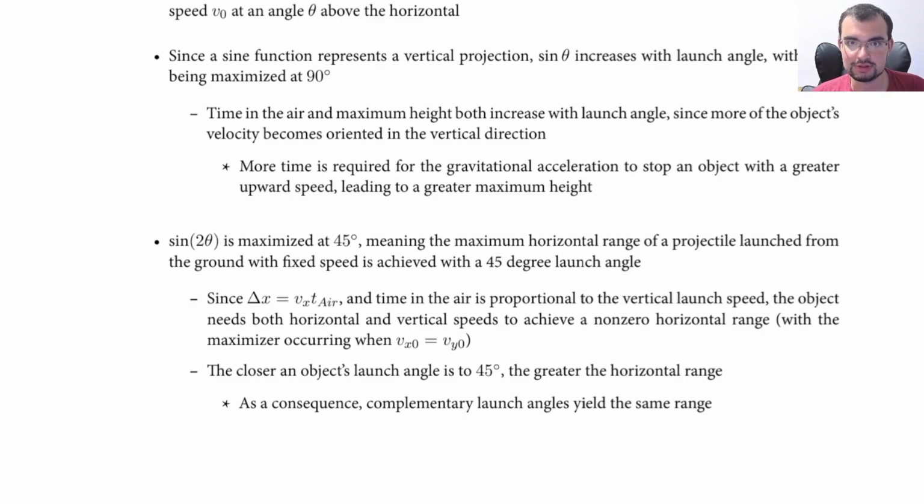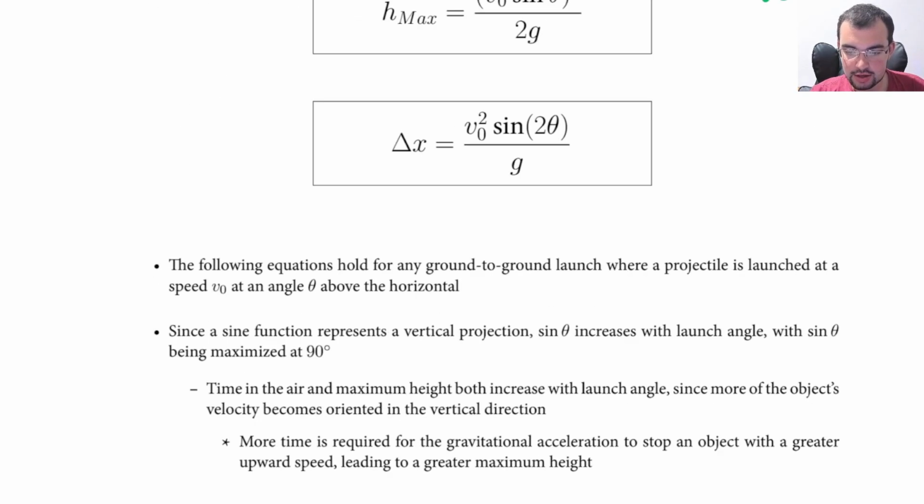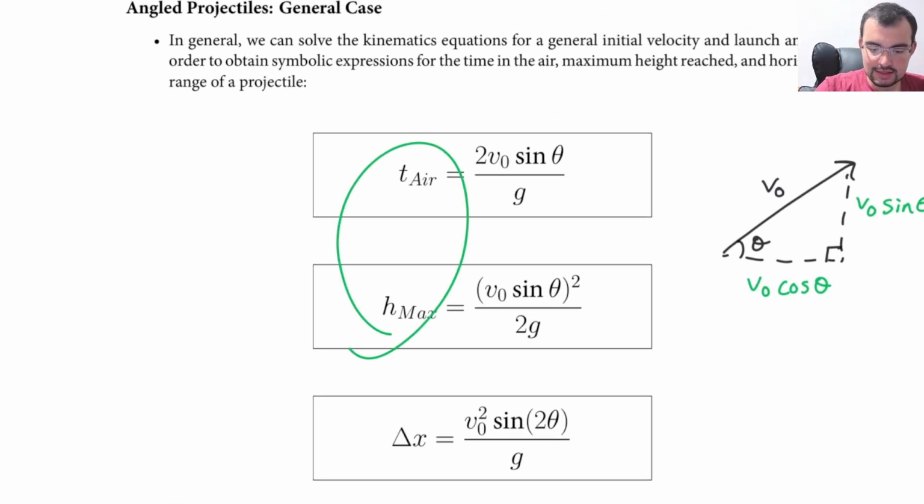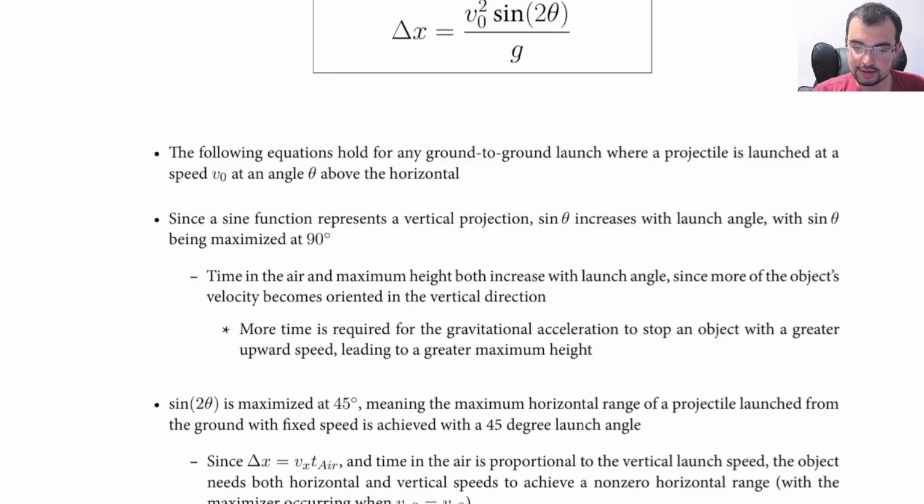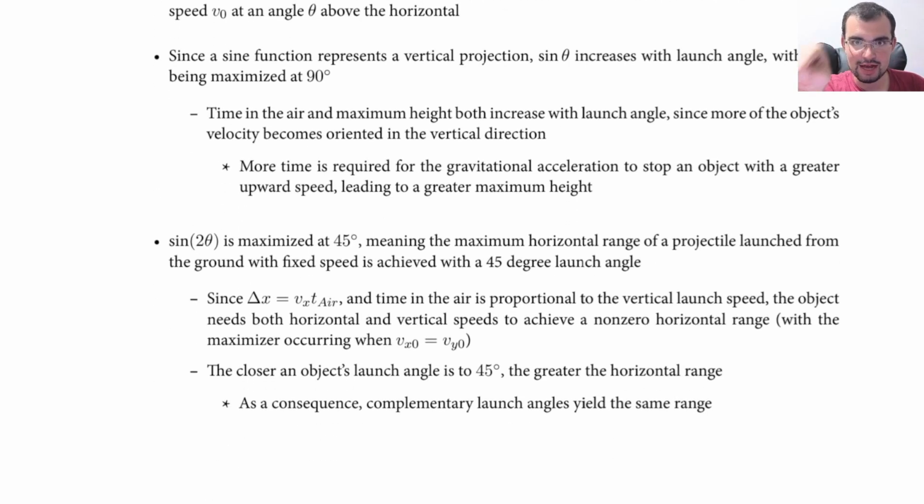And as a consequence of this, there's a couple things you can look at. So T air and H max are very straightforward. The more vertical the angle you launch from, the larger those quantities are. Because you spend more time in the air, so you go higher. Now for the range, 45 degrees is the best, and then it's symmetric about that point.